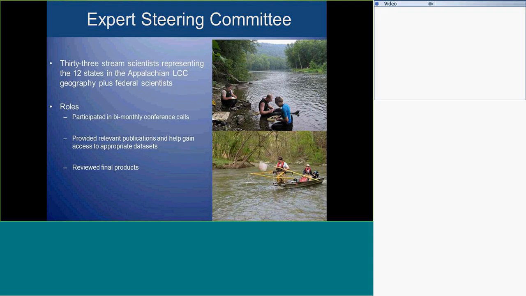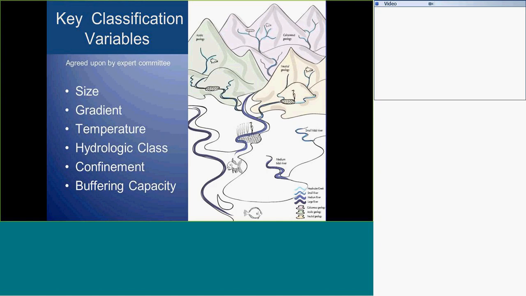Really in debt to this group of 33 scientists, and we have the list at the end of this presentation of all the participants, but they're really helpful in guiding this project and making sure that the results were useful and applicable and hopefully to you.